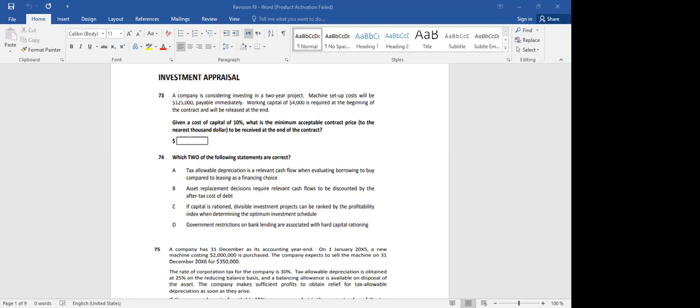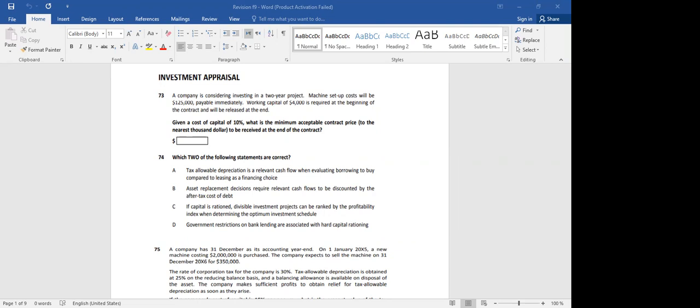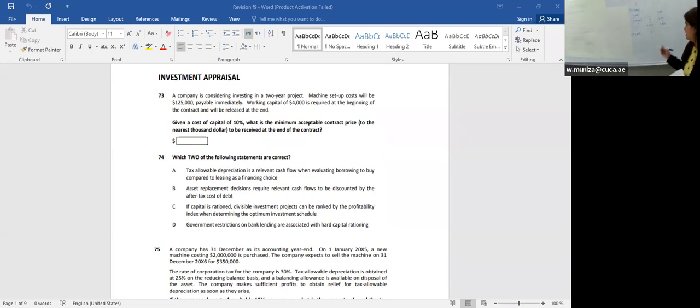Okay. So now we are going to calculate the present values. In year 0, it will remain 129,000. In year 1, it will remain 0. And in year 2, it is 4,000 multiplied by 0.826, which is 3,304.